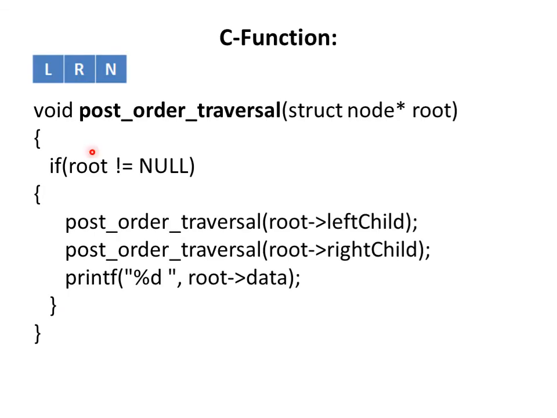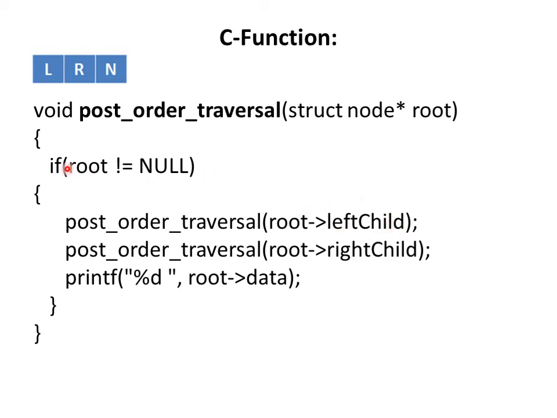Here you can find the C function for post order tree traversal. According to this, I should move L, R, N. I will call the root node by using a structure node. Then if root is not equal to null, first I should move to the left. Therefore I have called post order on the left child of root.